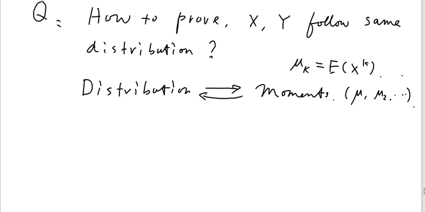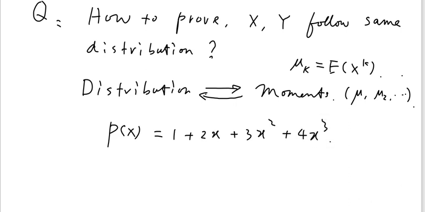So for a polynomial function, let's say this equals 1 plus 2x plus 3x squared plus 4x cubed, suppose. Okay. So for this polynomial, we determine those coefficients, right? And from these coefficients, we can determine one function.